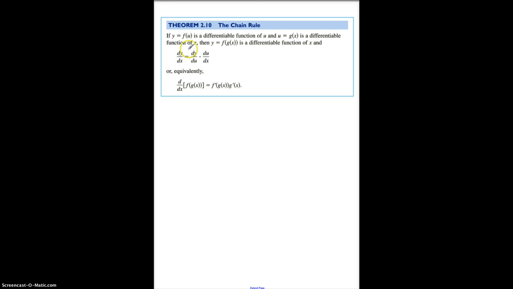Let me do y prime, the derivative with respect to x of y, is equal to the limit as, let's do it this way, as x approaches c of f of g of x minus f of g of c divided by x minus c.